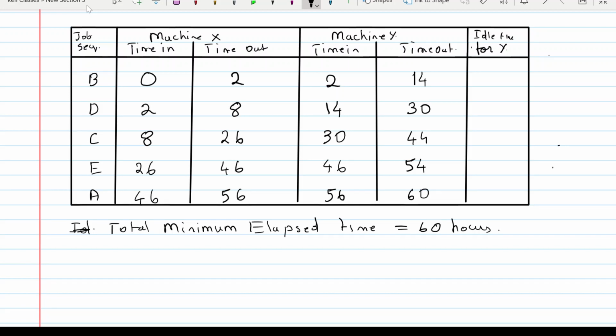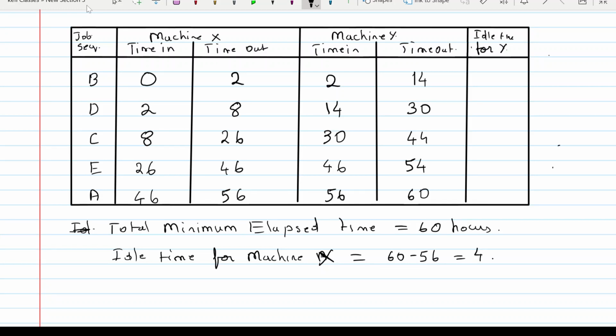Okay? Then idle time for machine A, or X in this case, machine X, and that is going to be 60 minus 56, which is equal to 4.